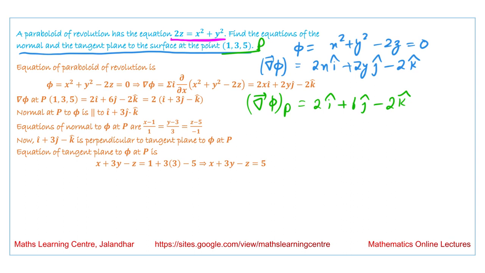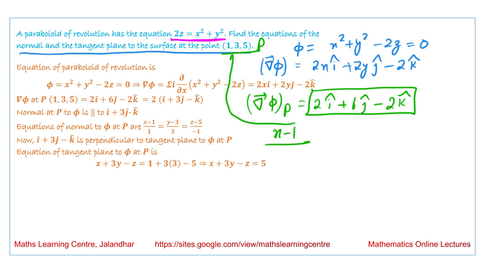So the direction of the normal will be parallel to this. So the equation we will obtain will be x minus 1, these are the points, and the direction ratios we write are 1, 3 and minus 1.